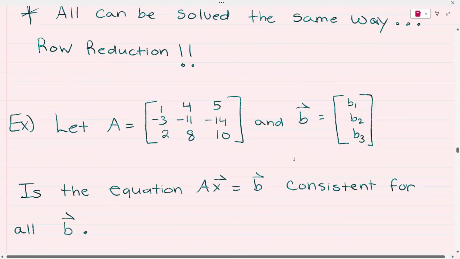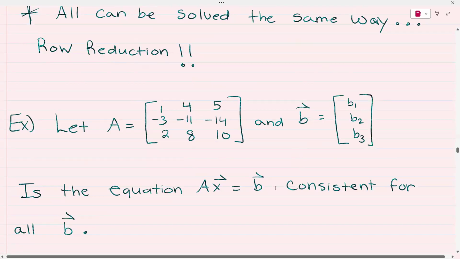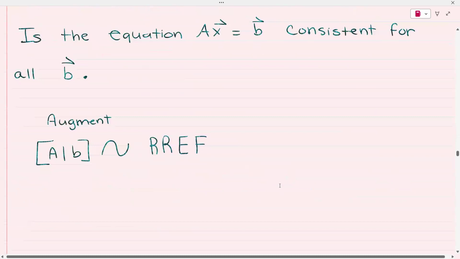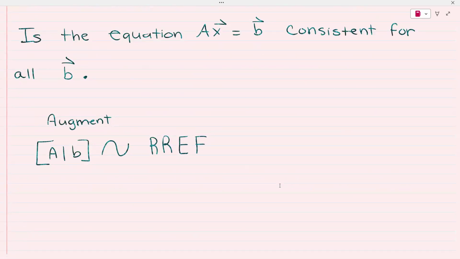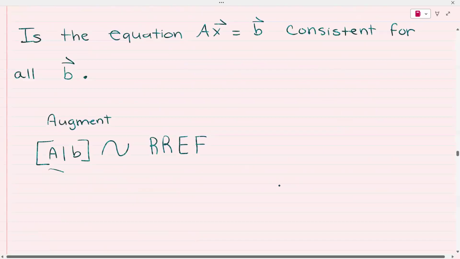So let's look at example A. We have vector A equals that, and vector B, which is this. Is the equation A times vector X equals vector B consistent for all vector B? So what you have to do is augment it and then put it in RREF. So let's do that. So first part, do this part.